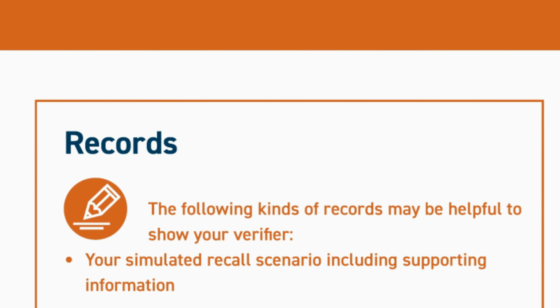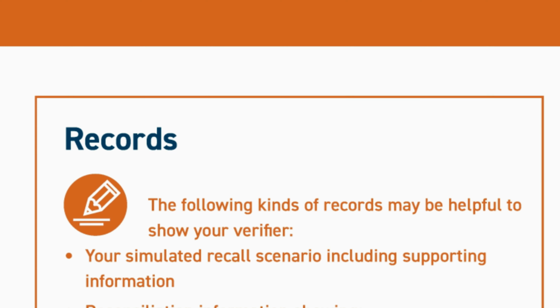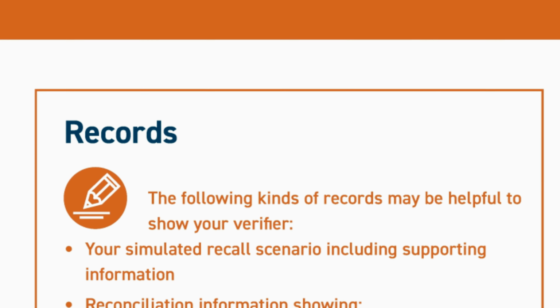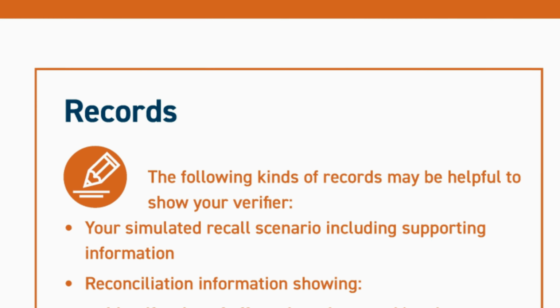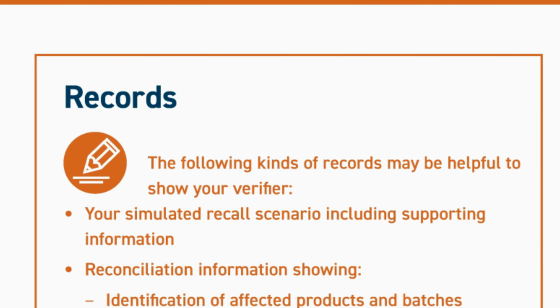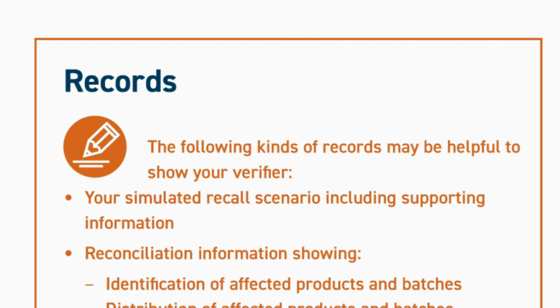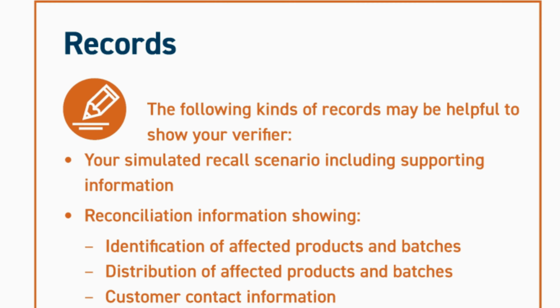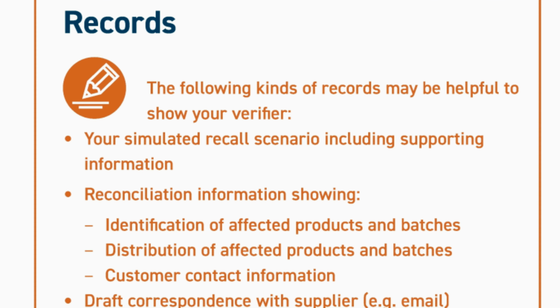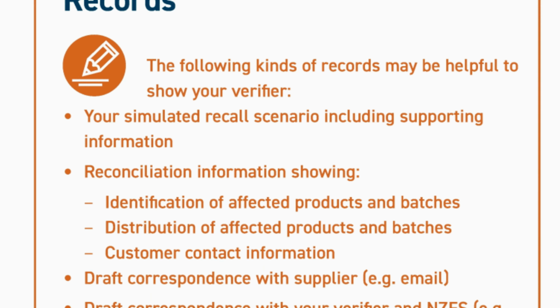Records. The following kinds of records may be helpful to show your verifier. Your simulated recall scenario including supporting information. Reconciliation information showing identification of affected products and batches. Distribution of affected products and batches.